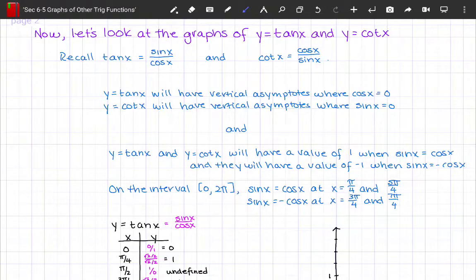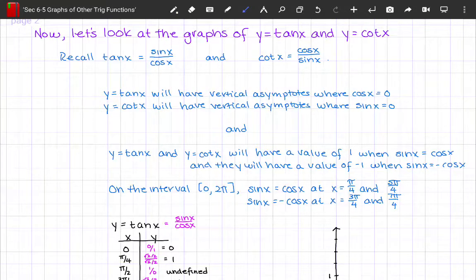Also, if sine and cosine happen to have the same value, then we know that tangent will be 1. So tangent and cotangent both will have a value of 1 when sine and cosine are equal. And we know that tangent and cotangent will have a value of -1 if sine is the opposite of cosine.